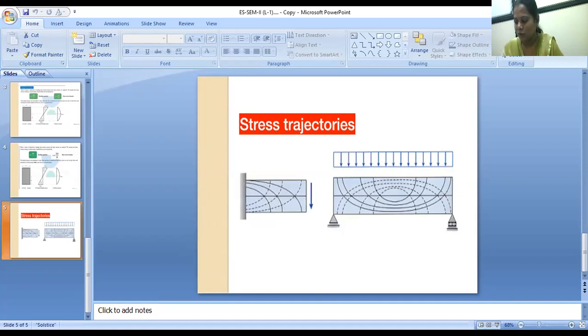So first you write down the theory, then I will explain what exactly stress trajectories are. Please write down the first point.